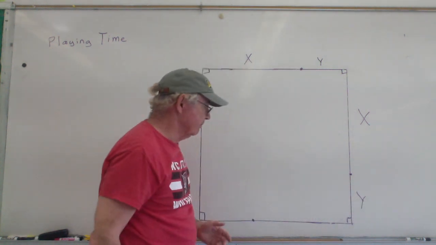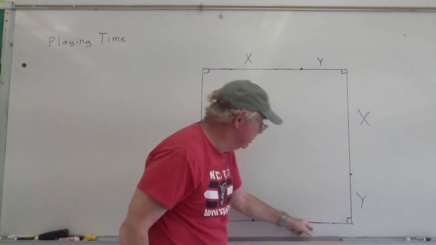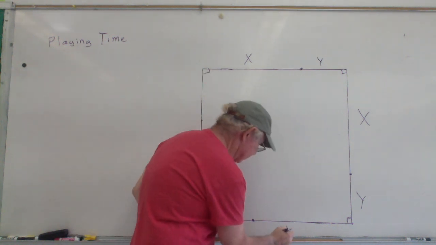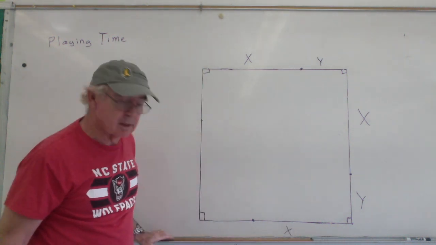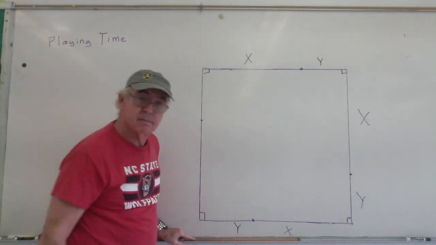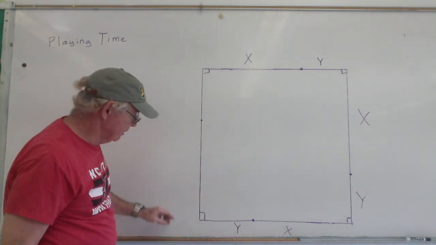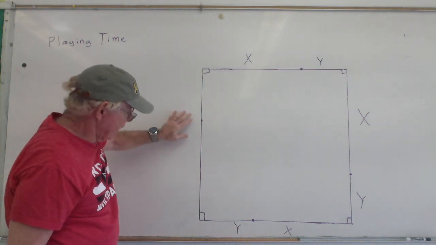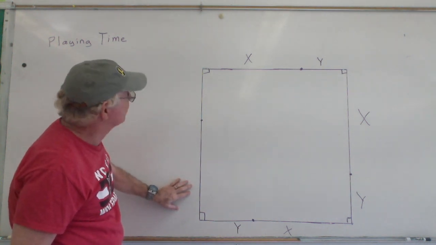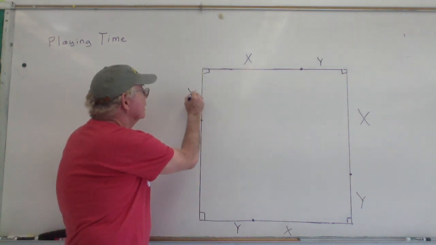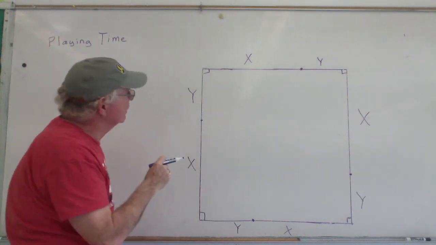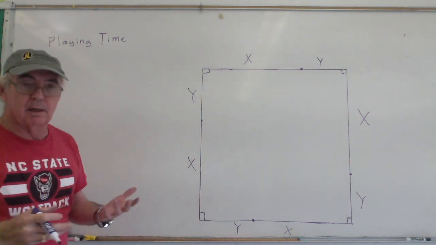And I continue this. I made this side your X. And the rest of it, your Y. And finally, this side I made your Y, and this side's your X. So it's X, Y, X, Y, X, Y, X, Y, right around.